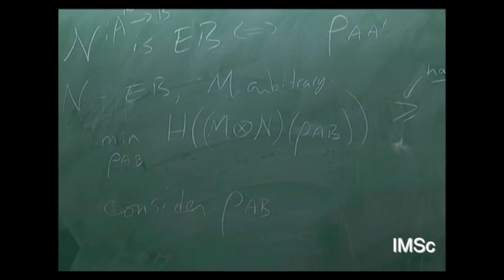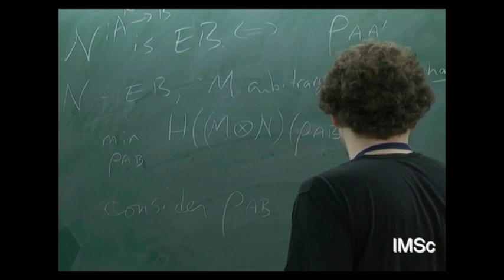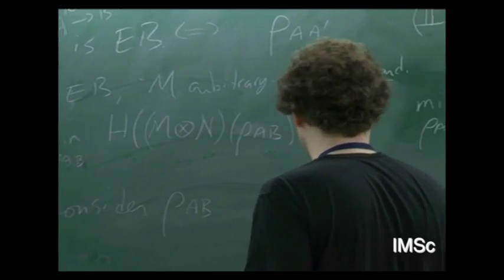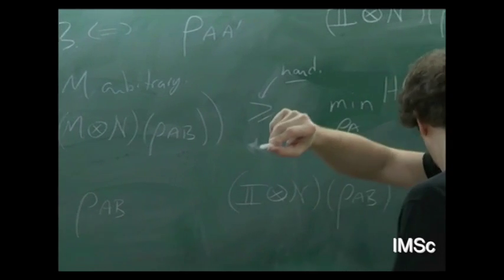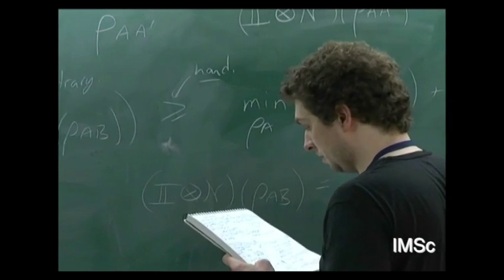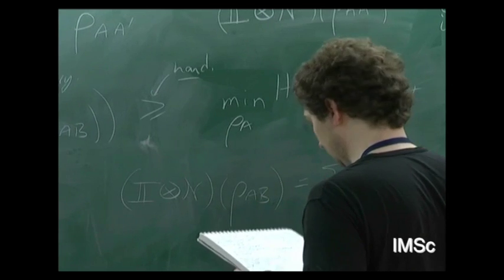Then N is entanglement breaking, right? That means that identity tensor N on rho AB is separable. And actually, it looks like this.